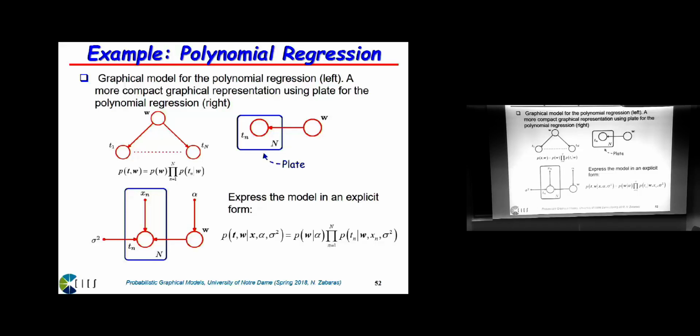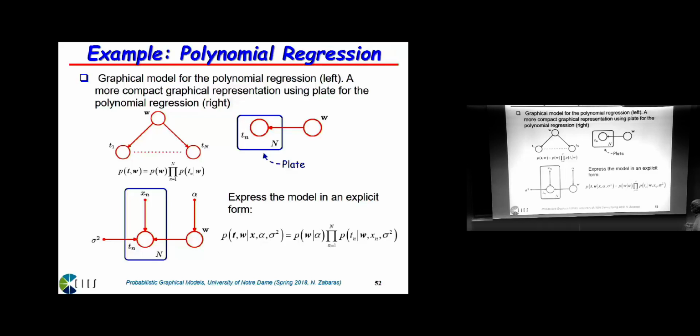Okay? I know there is a lot there that you may need to study, all right? But the idea here is, for every x_n, I measure t_n, and my actual function varies basically from t_n by some noise sigma squared that I don't know what it is.